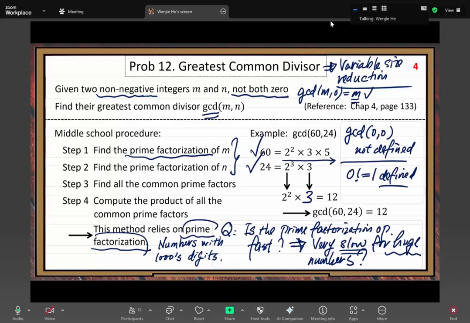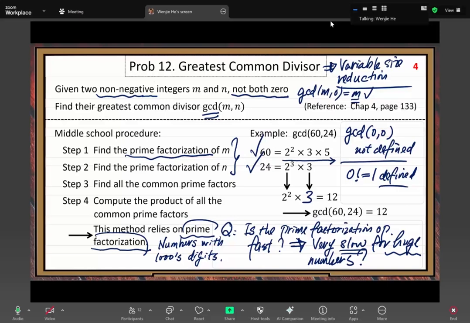Around 10 to 20 something years ago, some organization gave a prize to universities to find the largest prime in the world.